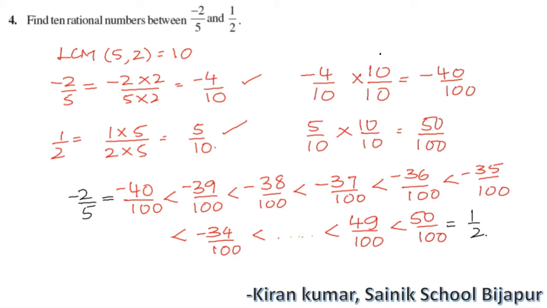If you multiply by 5 also, we get more than 10 rational numbers between these two numbers. Logically, when the multiple of 10 is multiplied, it becomes easy for us to collect the numbers and write.